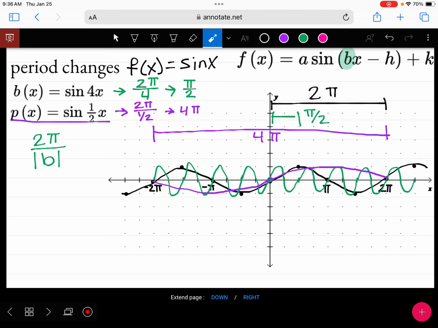So it should come all the way up to 4 pi to be one whole period of the graph. They're weird. I know they're weird. The purple one takes a period of 4 pi. It should still go to the right, but we don't have enough graph over there.